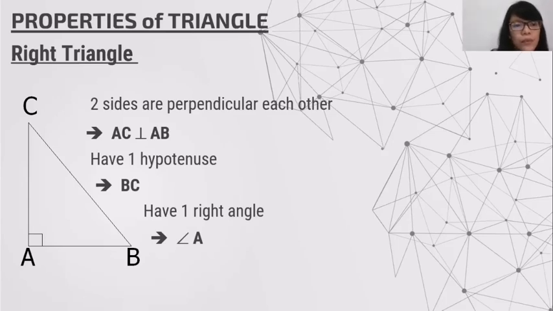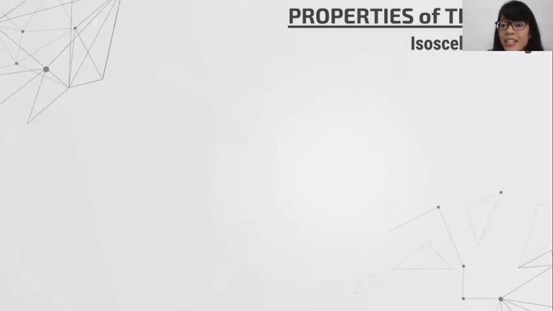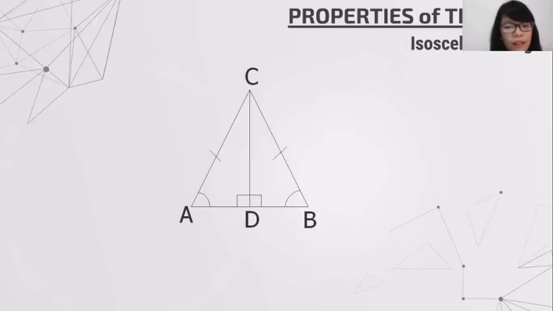Let's go forward to properties of triangle for isosceles triangle. Okay, so here we have isosceles triangle. Sorry, I need to move. Let's check the properties of this isosceles triangle. 2 out of 3 sides are equal.